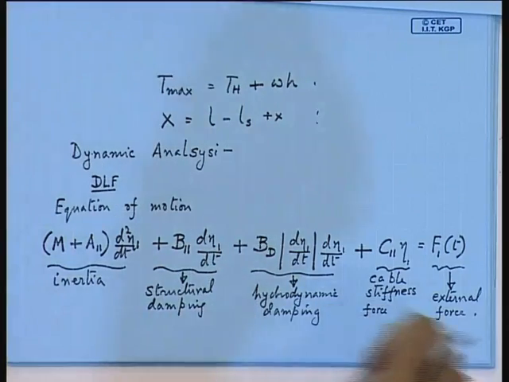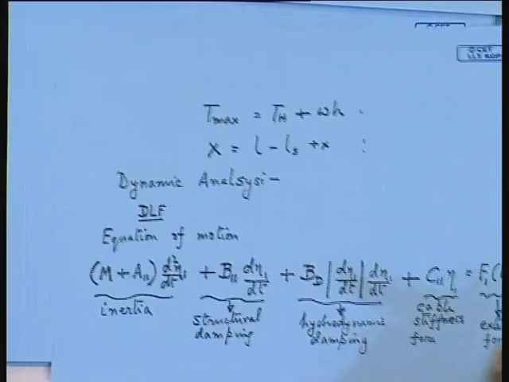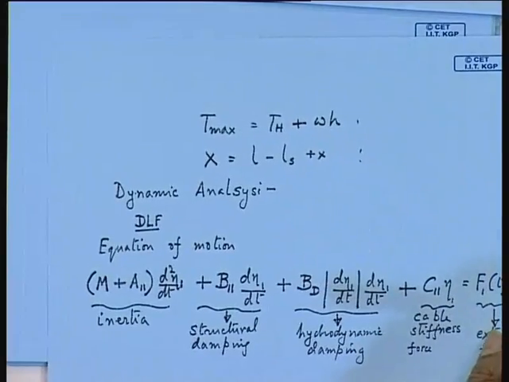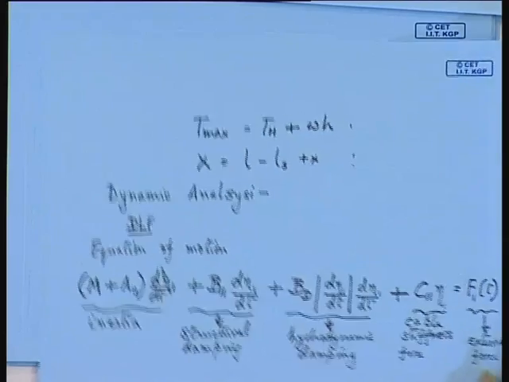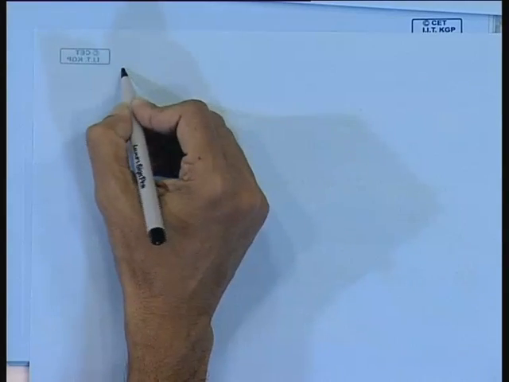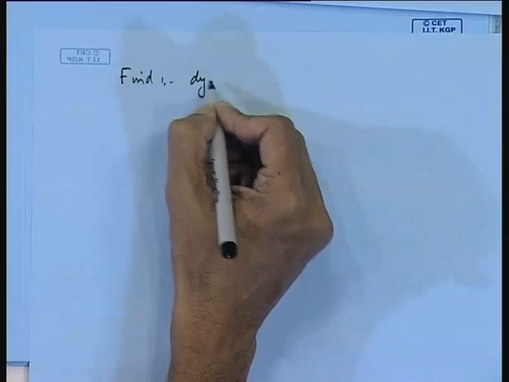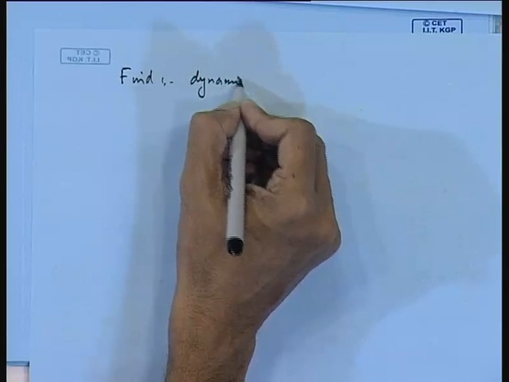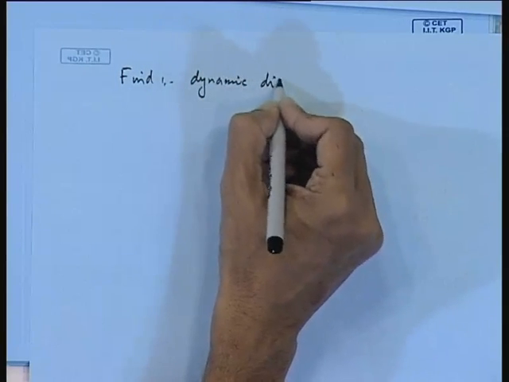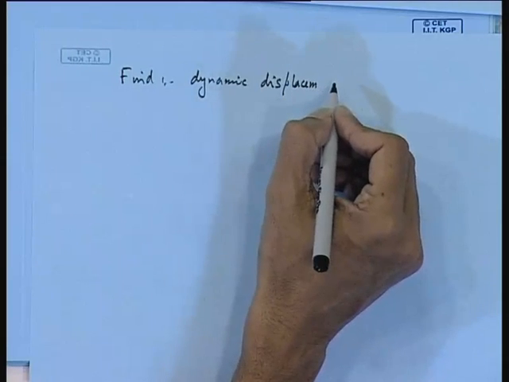By solving this equation, what you will find? Equation of motion, once you solve, what you will get? You have to find out the dynamic displacement. There are two terms. Find dynamic displacement, or what else?